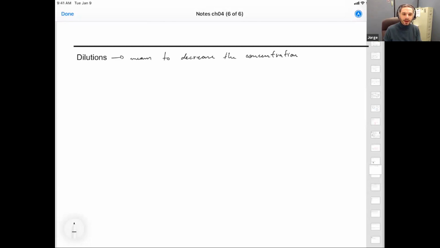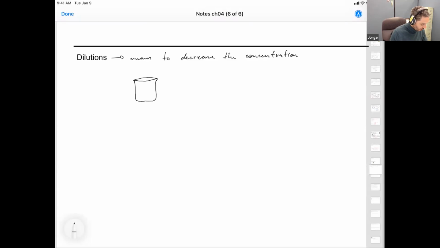So every time you dilute a solution, it means you aim to decrease the concentration of this solution. Let's start with a very simple example, and then let's talk about dilution.